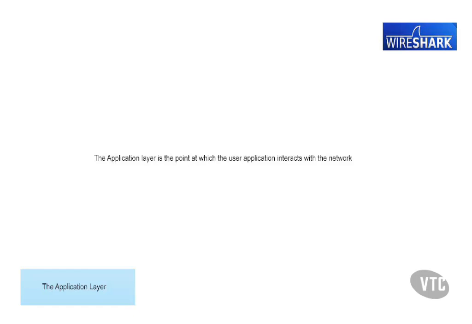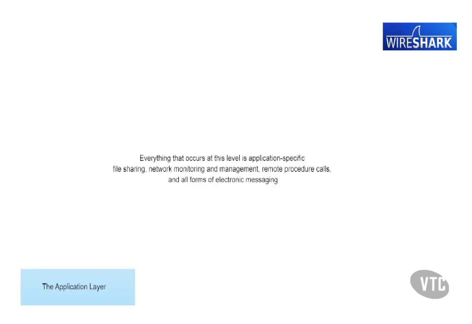forms of electronic messaging. Both FTP and Telnet function within the application layer, as does the Simple Mail Transfer Protocol, SMTP, the Post Office Protocol, POP, and the Internet Message Access Protocol, IMAP, all of which are used for sending or receiving emails.